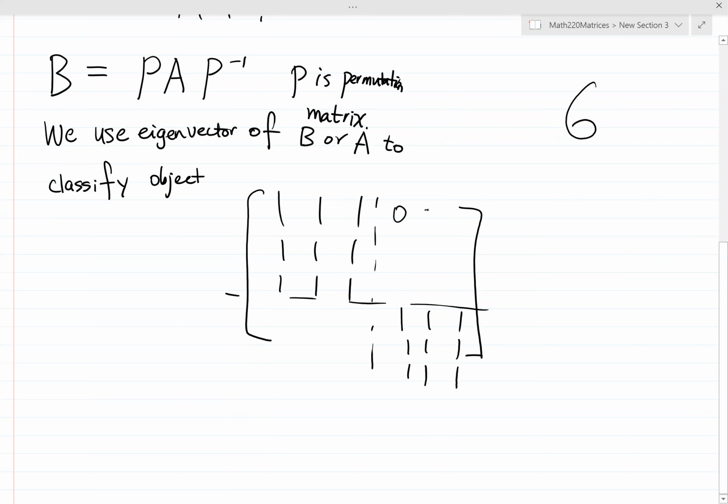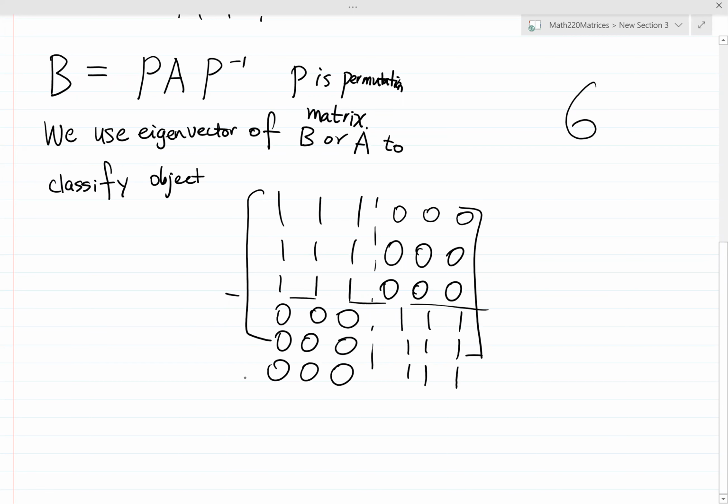The others are not similar. Entries 1,4, 1,5, 1,6 are 0. Entries 2,4, 2,5, 2,6 are 0. Entries 3,4, 3,5, 3,6 are 0. So we get this similarity matrix.